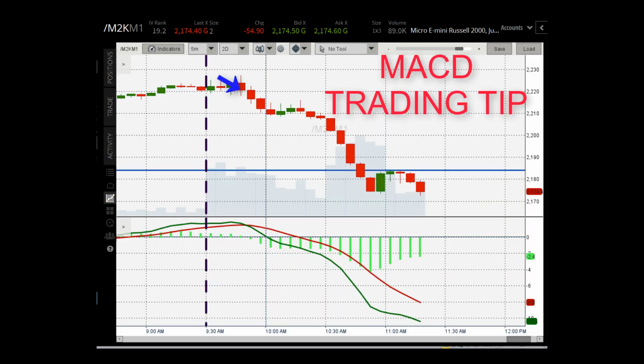I want to leave you with an MACD trading tip before I go. You see the market opens here on this particular day at 9:30, and it just goes down, down, down, and you see the light gray bars at 10:30, the volume increases as the market's going down. Another sign that the negative momentum is about to be on the increase again.